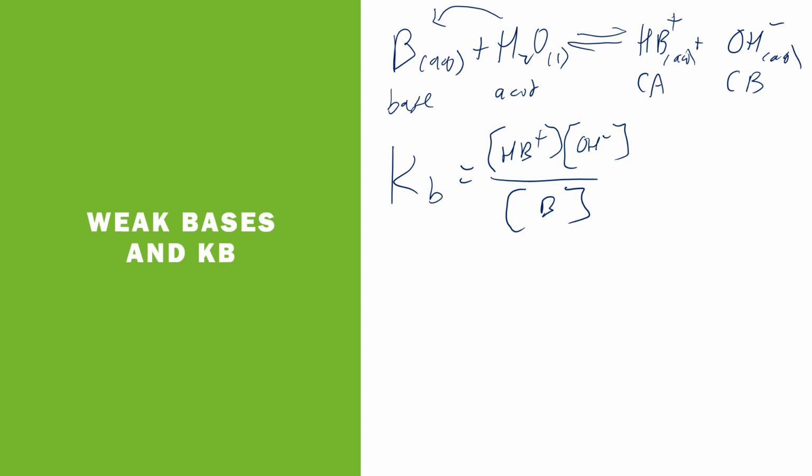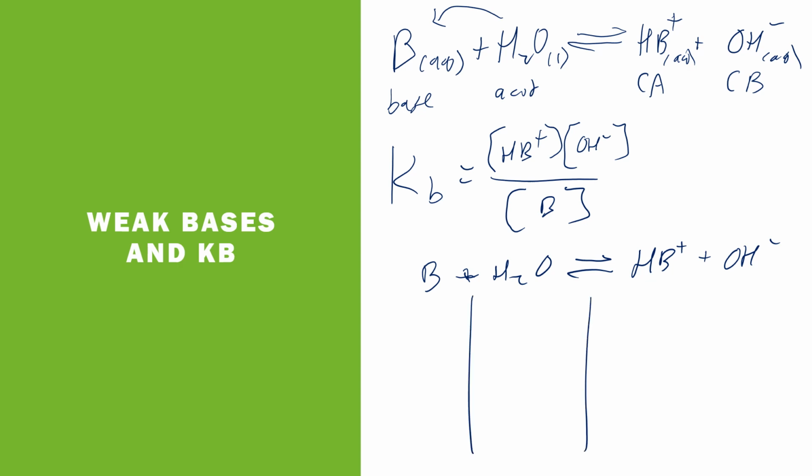And of course you can use an ICE chart to solve for these as well. So if I have my base plus water, HB plus, OH negative. Okay. And again, just like we were doing with the acids, if you just have a solution of that weak base and you're not doing any other reactions, you assume the initial conditions for our ICE chart have no ions yet.